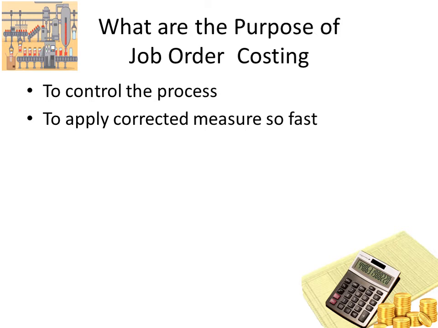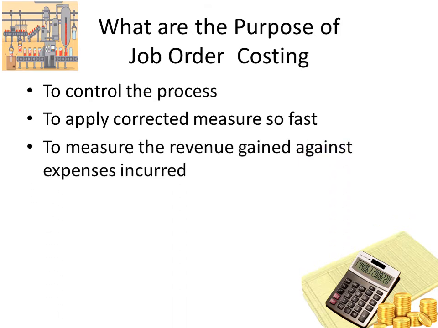It also lets you apply corrective measures easily, because if it's done by batches and some modification is needed in one batch, the other batches are not going to suffer because they were done separately. Next, it measures revenue gain against the expenses incurred, because we identify each product and its cost, so it's easy for us to determine whether we gain on this particular batch or not.